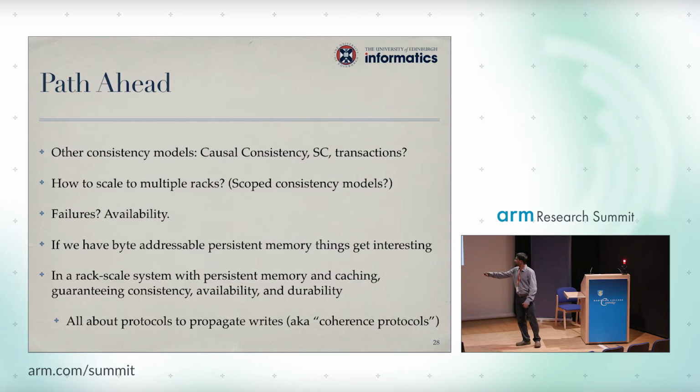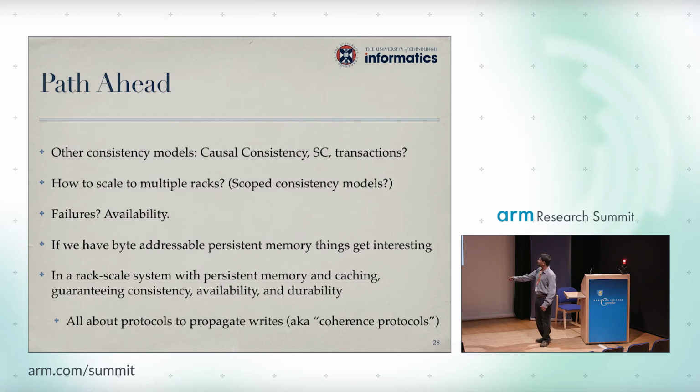And yet another opportunity here is that if you had something like byte addressable persistent memory, right, could you also guarantee durability using protocols similar in spirit to consistency protocols? That's an intriguing question that we are thinking about.